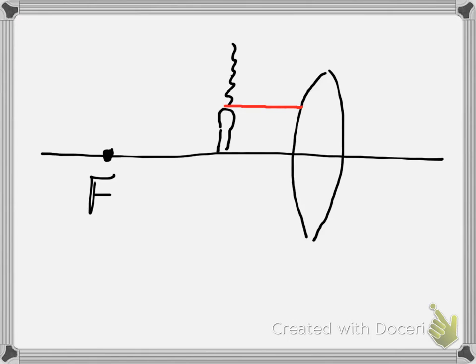So it'll go somewhere out here maybe, right? So that ray will go through the lens and then get deflected through the focal point. And again, I can also have a ray that will go up to the top of the lens like this, and if I extend this ray backwards, it will go through the focal point that way.